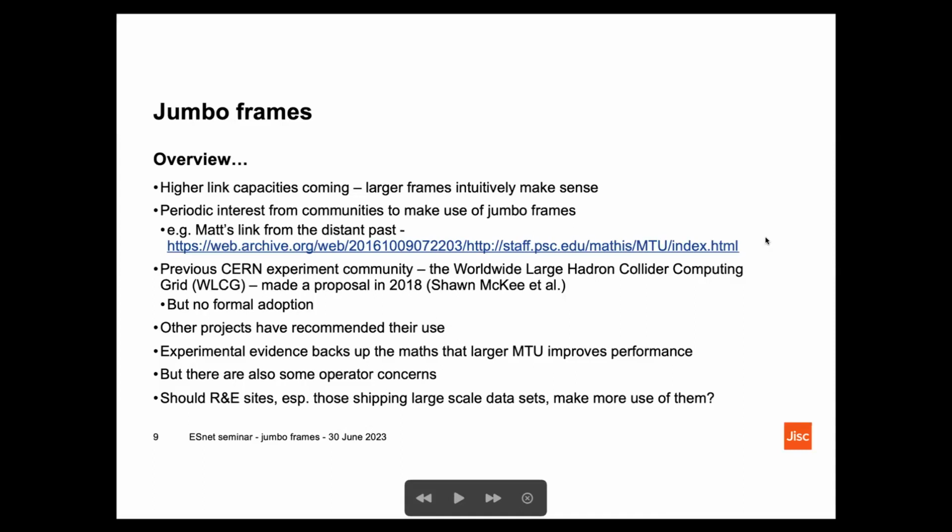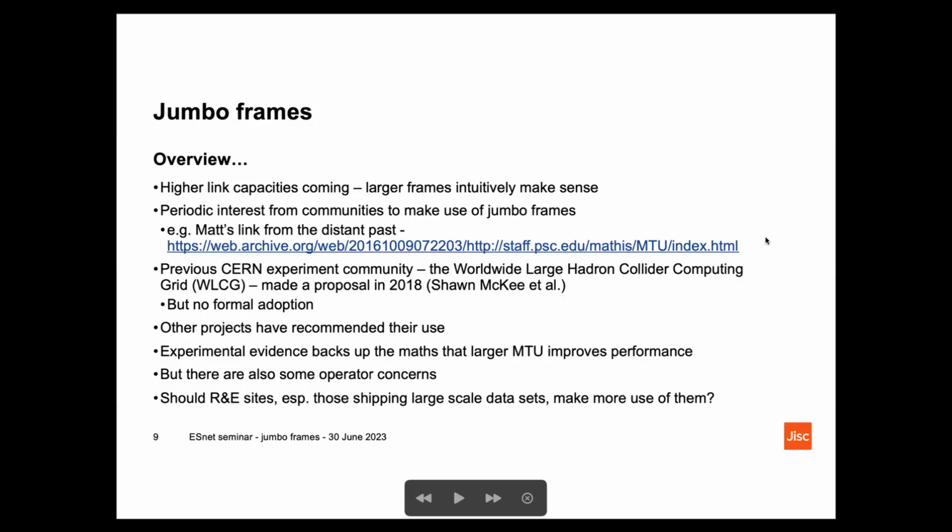That's an infrastructure spanning several hundred sites around the world working on the major CERN experiments, distributing data, computing, recycling results, etc. They made a proposal in 2018, from Sean McKee and others, to use jumbo frames widely across the infrastructure. But as yet there's no widespread or formal adoption, which is perhaps surprising.